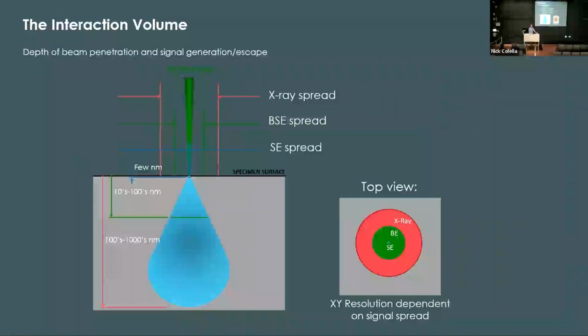And so we introduce this concept called the interaction volume. We'll come back to this in greater depth, but we think about SEM as imaging the surface, and that's true, but it's also surface-ish, right? A lot of times our imaging signal is coming from within a few tens to hundreds of nanometers of the surface rather than purely surface imaging, which depending on the sample can make a difference.